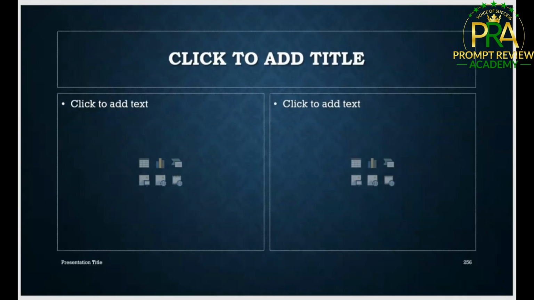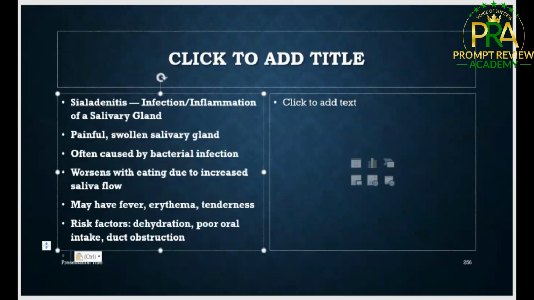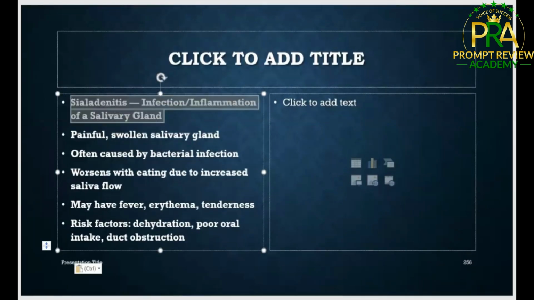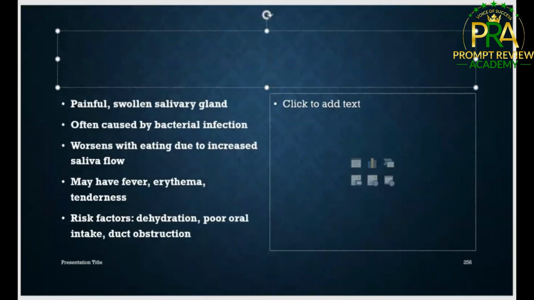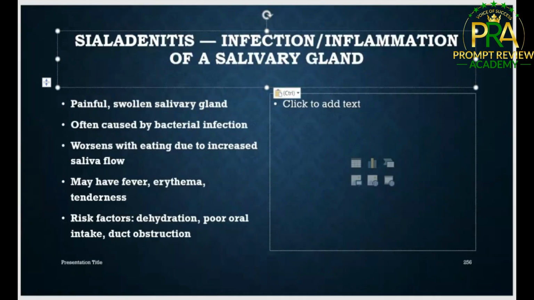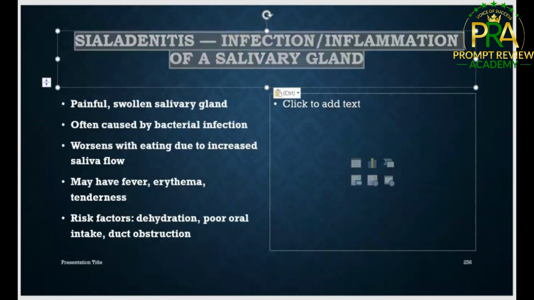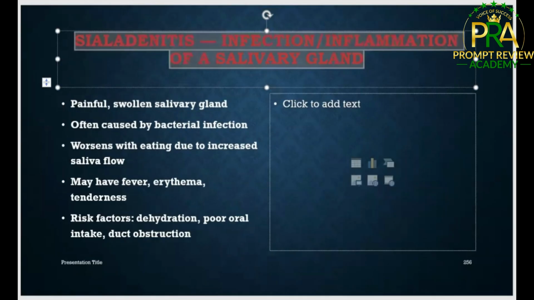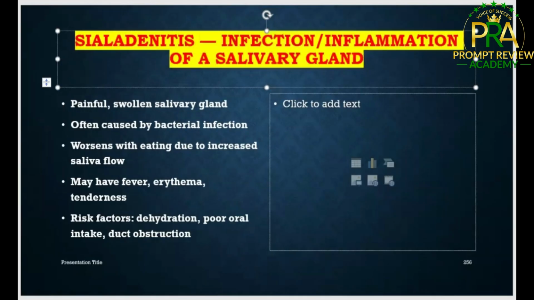Then the next one is sialadenitis. So what is sialadenitis? Sialadenitis is an infection, an inflammation of the salivary gland, and what can cause it is sialolithiasis.